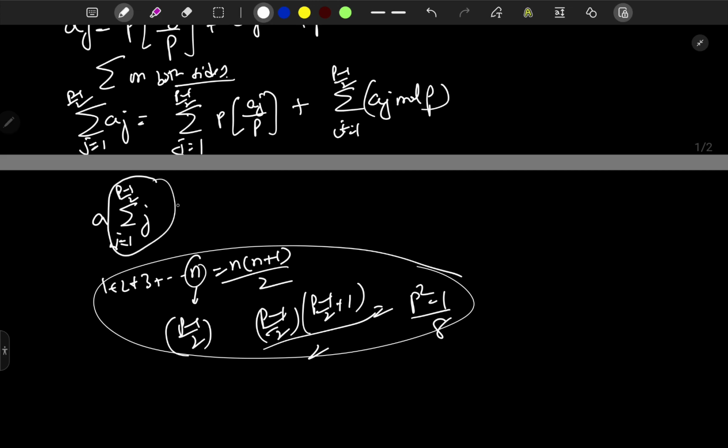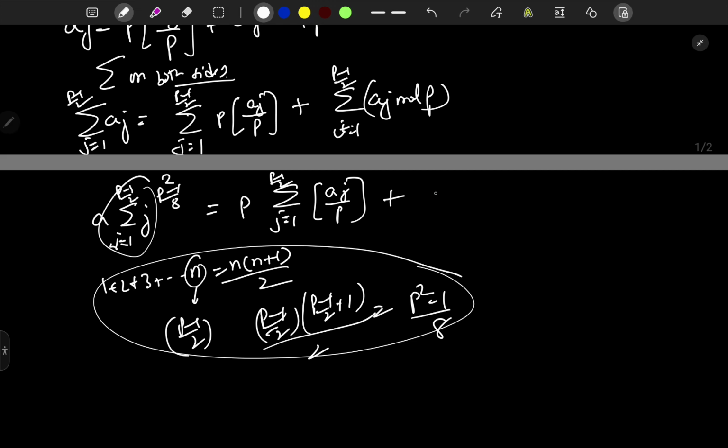So this whole value is nothing but (p square minus 1) by 8, that is equal to sigma p into floor(a_j by p), p can be pulled out, sigma j equals 1 to (p minus 1) by 2, plus sigma a_j mod p, j equals 1 to (p minus 1) by 2.